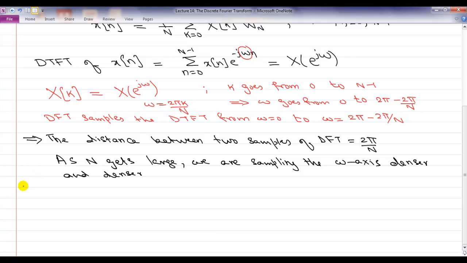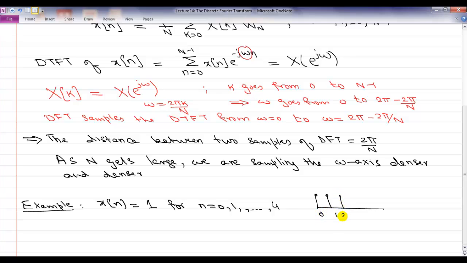So let's take a little example to make this point clearer. Let's say that we are given x of n equal to 1 for n from 0, 1 up to 4. So my x of n is simply all ones at n equal to 0, 1, 2, 3, and 4, and it's 0 otherwise.